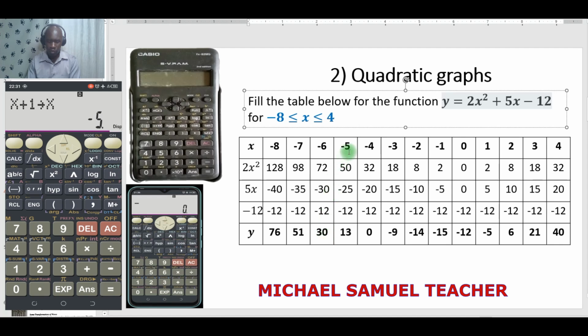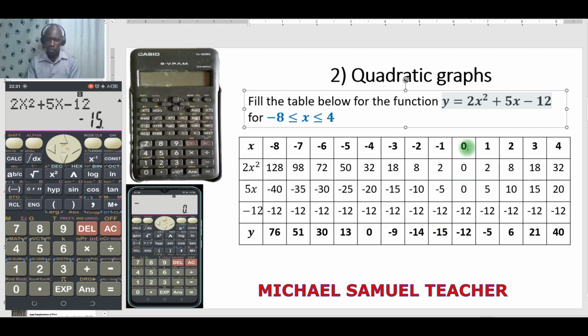We continue, we have minus 5. We continue, we have 13. We continue, minus 4, then 0. Minus 3, y will be minus 9. Minus 2, y will be minus 14, and minus 1, then we have y is minus 15.